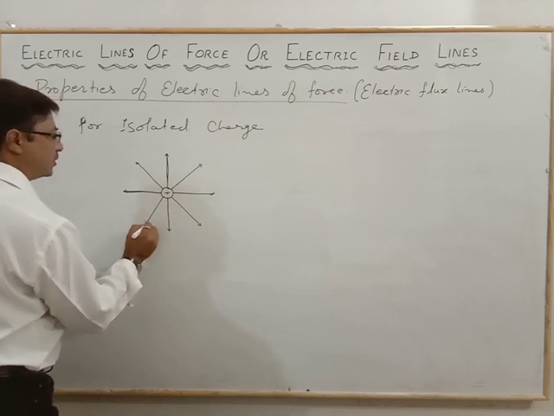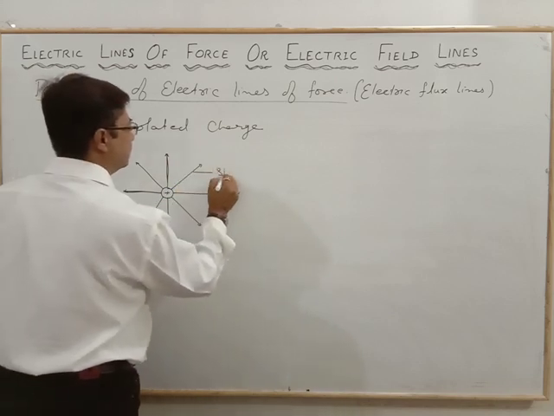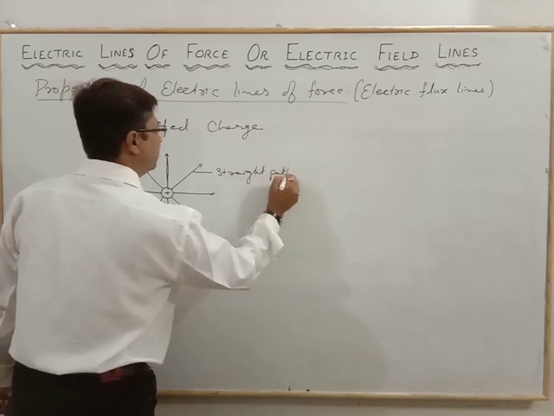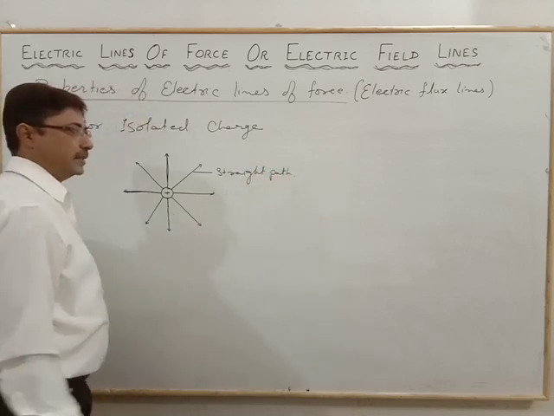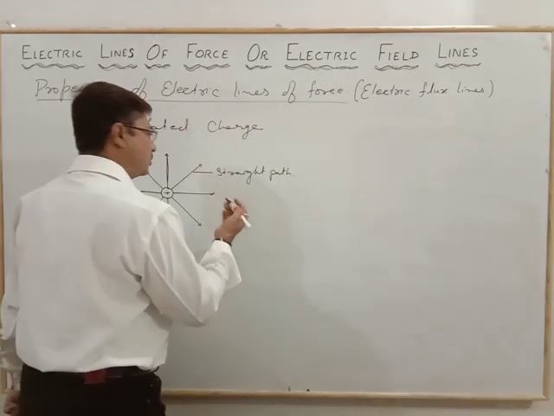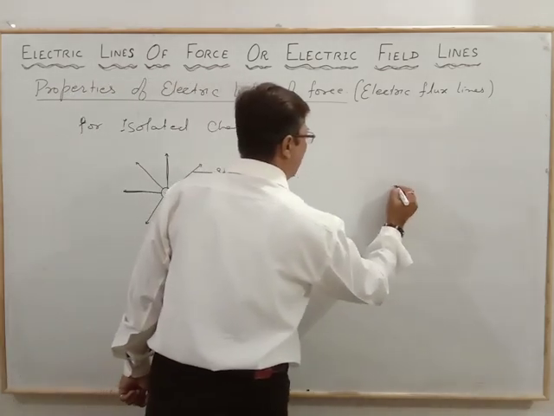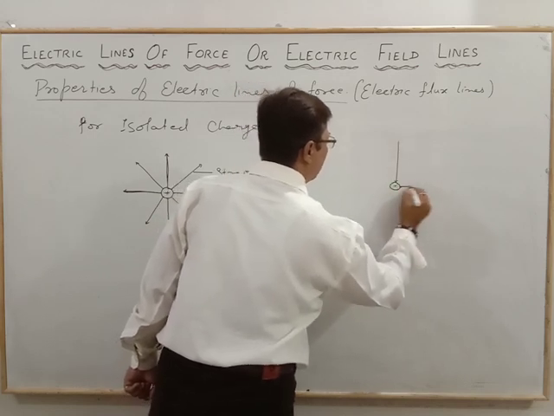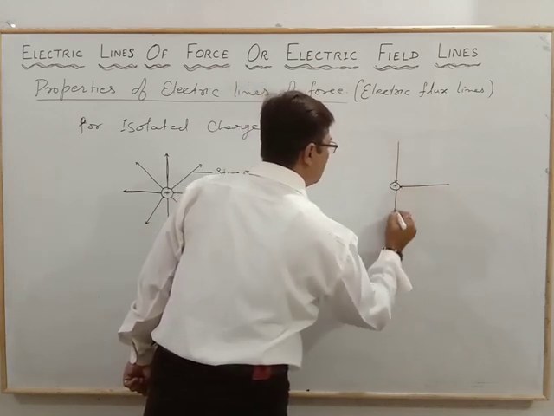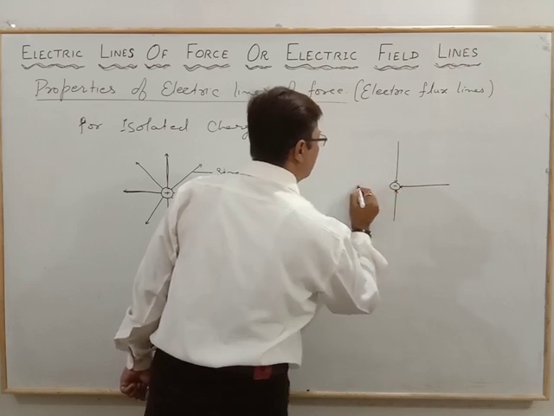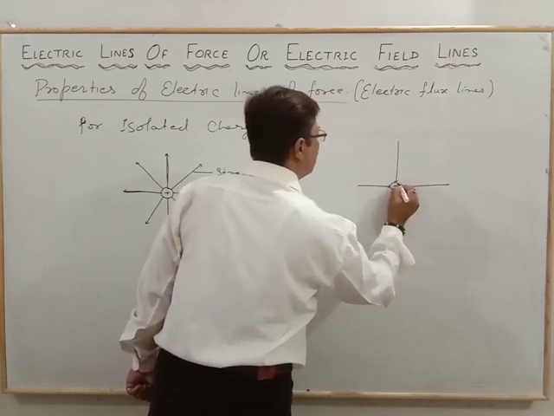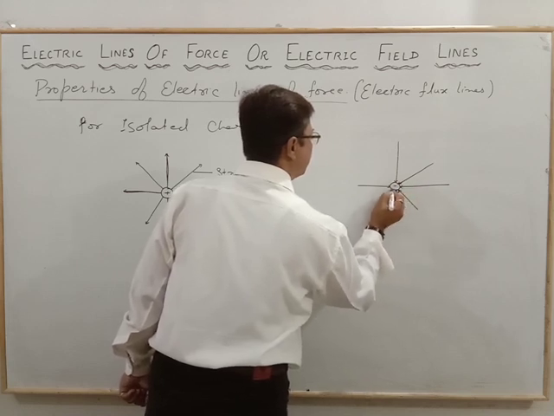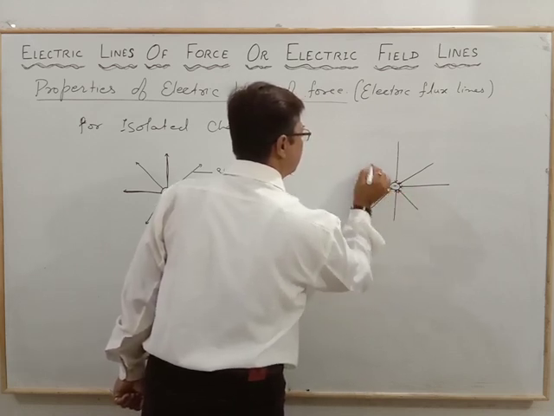In case of the isolated charge, this is the straight path, that is the straight field lines. But for an isolated charge, whether it is positive or negative, the field lines terminate or end straight at the isolated charge, like this.